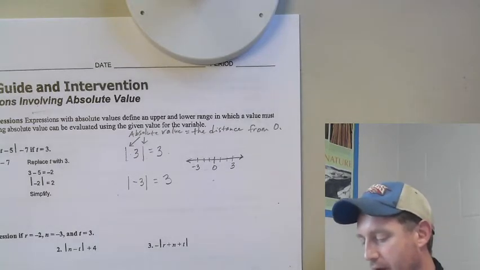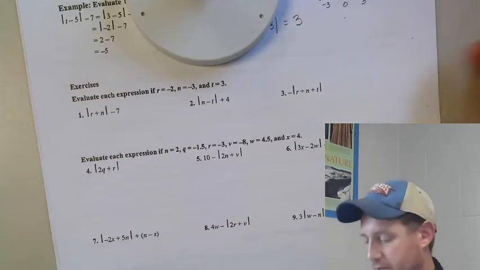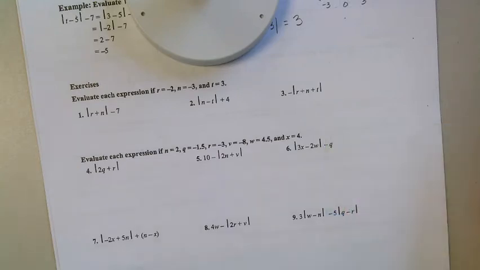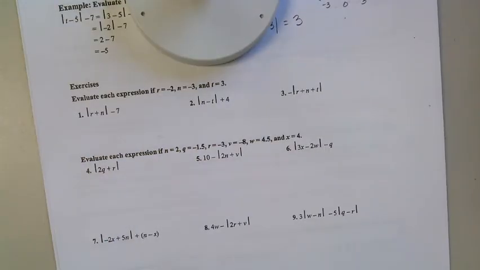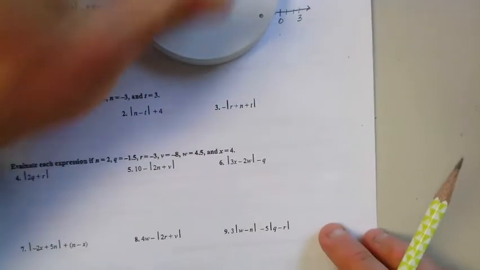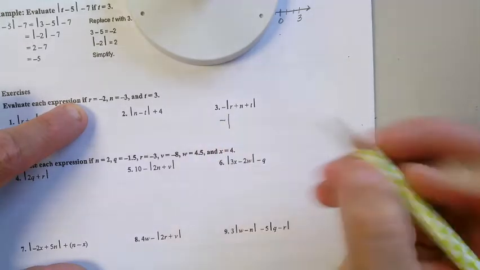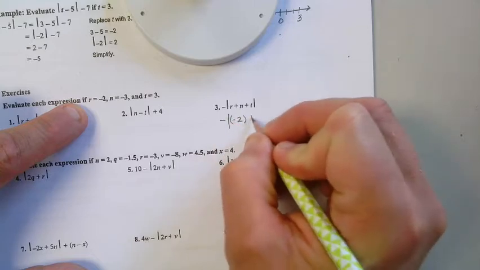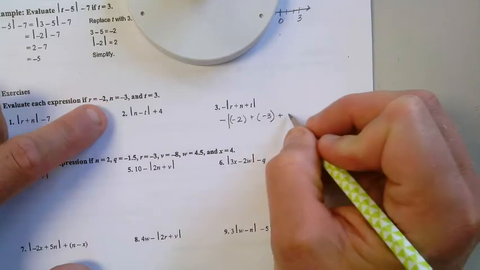Now, as you look down here at exercises 1 through 9, these are all pretty much the same type of problem. We're substituting values in, and then evaluating what the expression is going to be. Taking a look at number 3, we know that r is -2. So in my absolute value bracket, I have -2 for r, and you can put parentheses around it, n which is -3, and t which is 3.